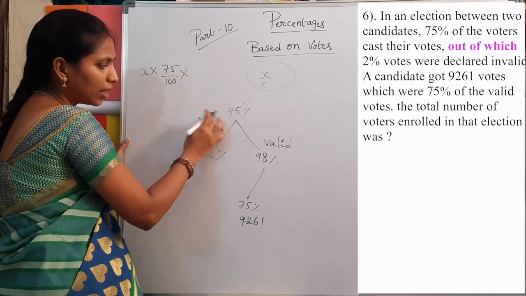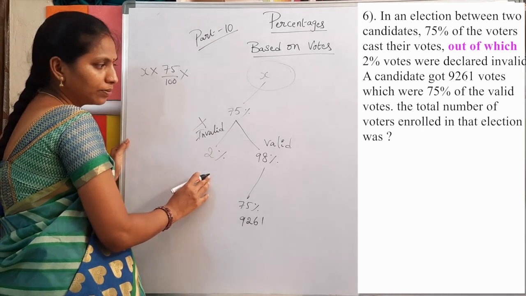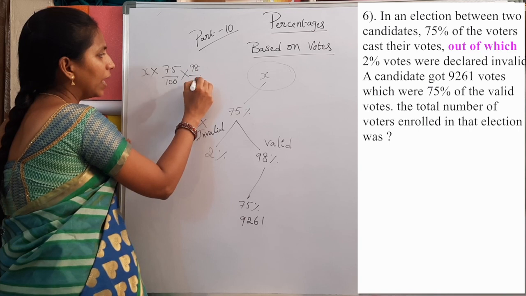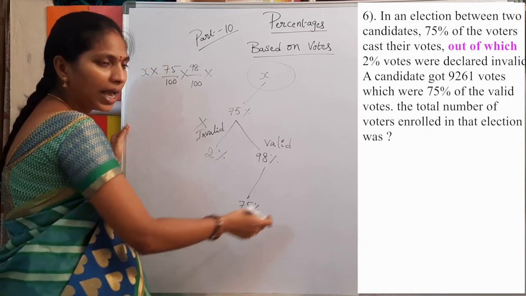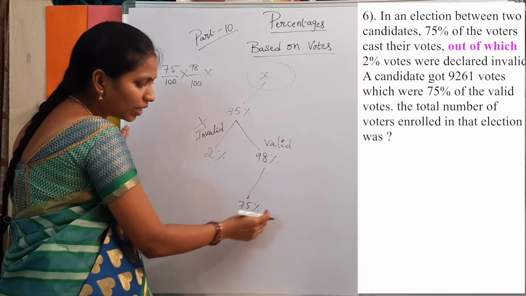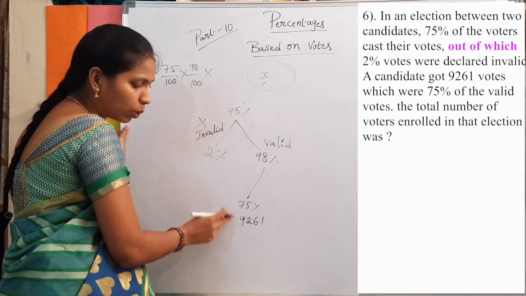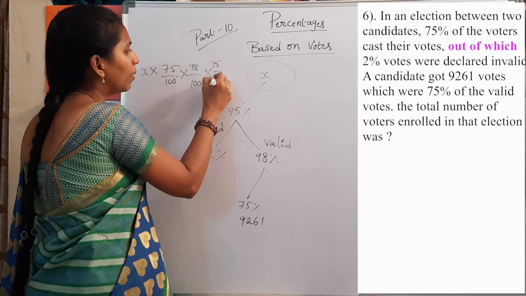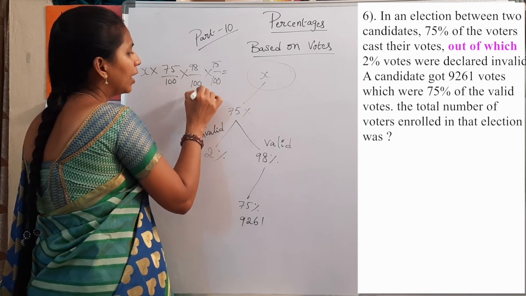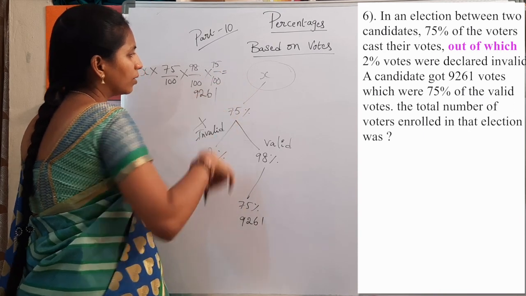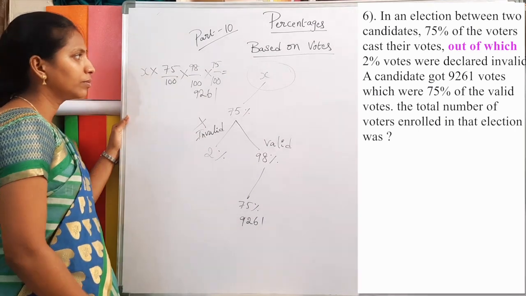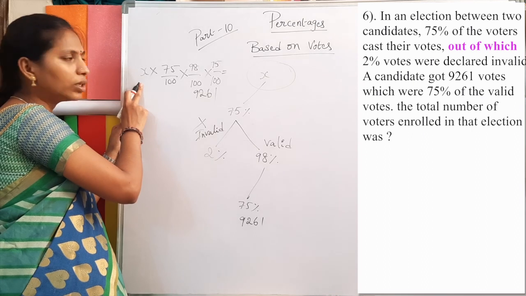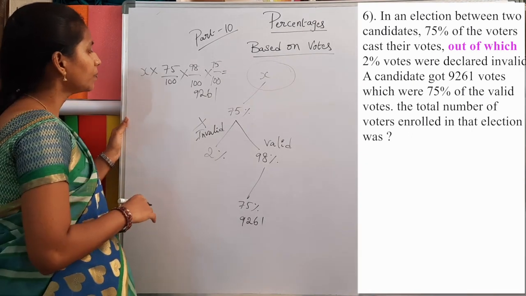No need to take the invalid part. Okay, valid 98%. So 98 by 100 into, in this 98%, 75% is equal to 9261. So 75 by 100 equal to 9261. Now solve this, then we find out the X value.